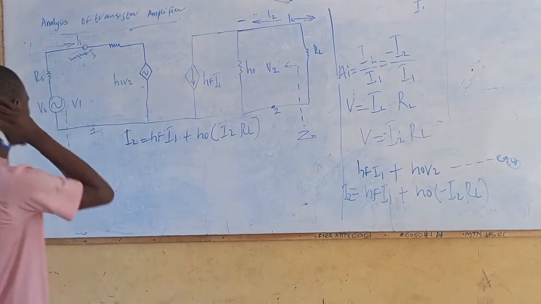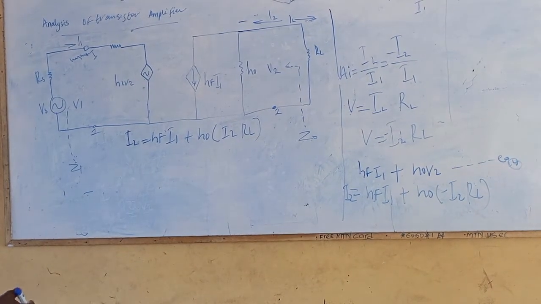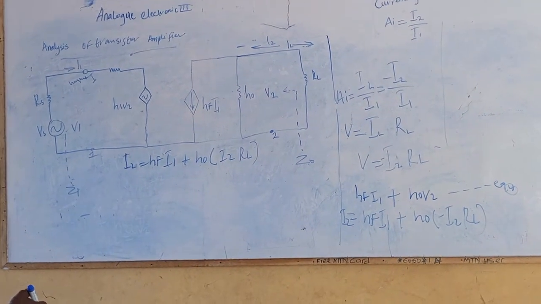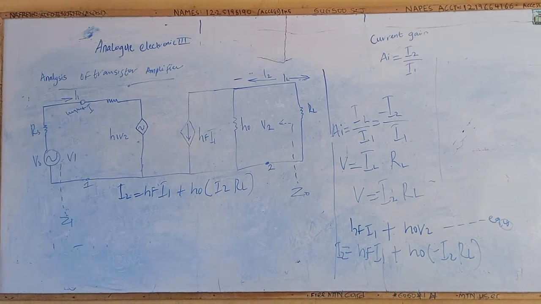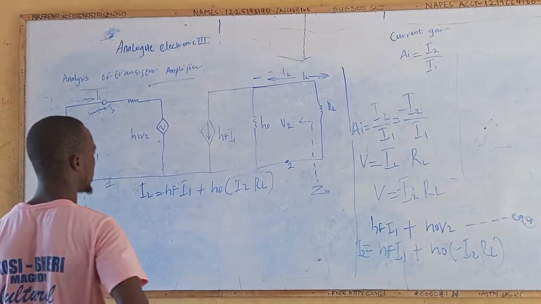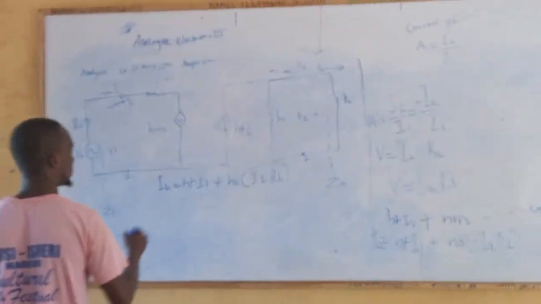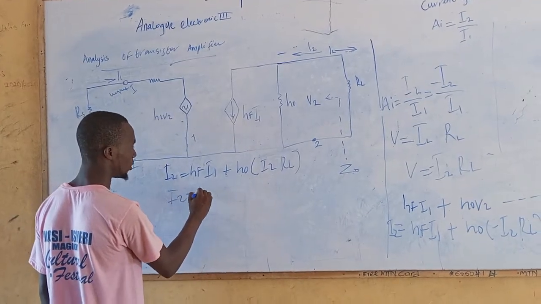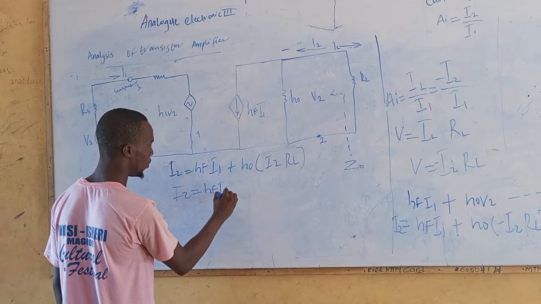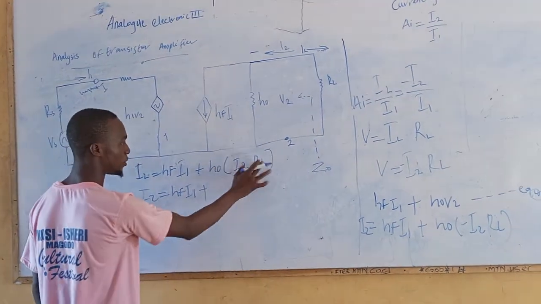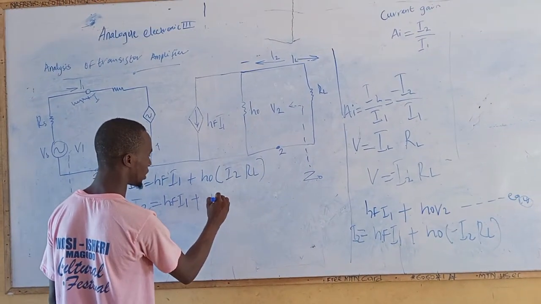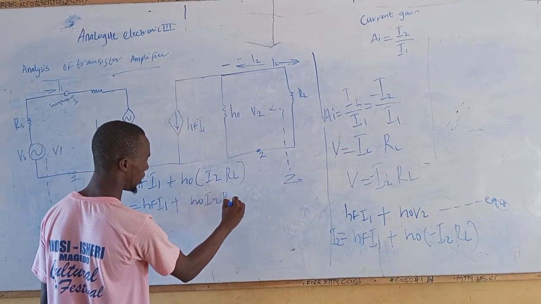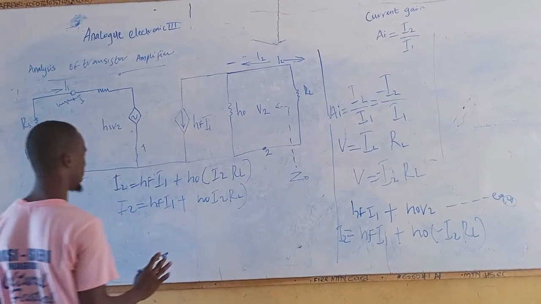So in this aspect, it's very easy. We are solving for AI. We have I2 equal to HF I1 plus, we have to multiply this, so we have HO I2 R_L. Are we getting it now?